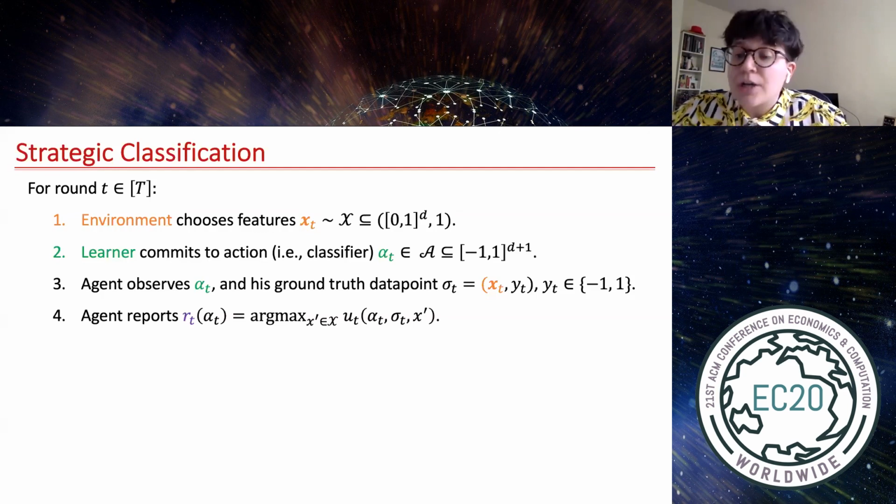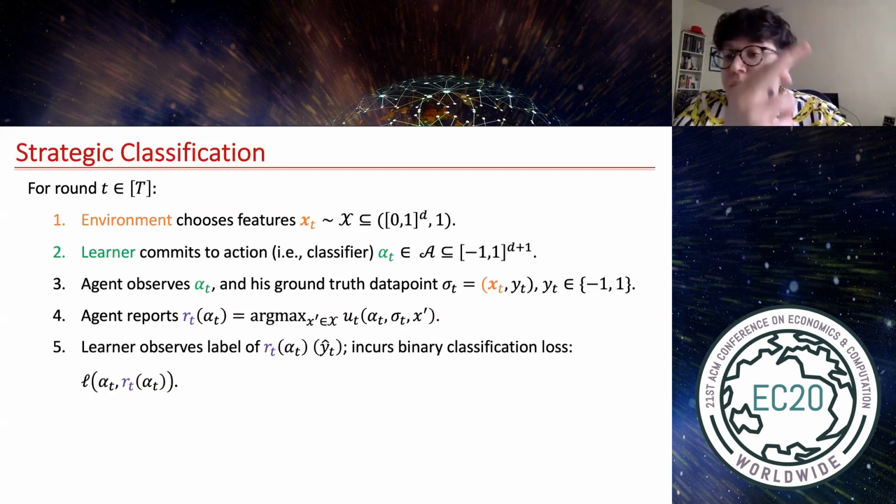And remember, as we talked about in the slide right before the break, this utility function is not known, and that's similar to what Nika was considering in the learning Stackelberg security games. The utility is not known. You only get to observe as a learner the response of the agent.